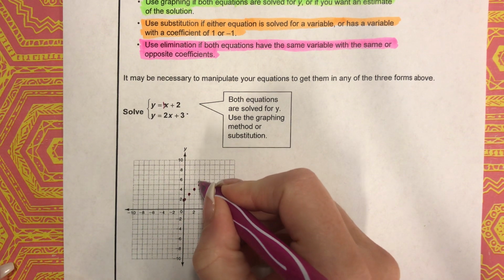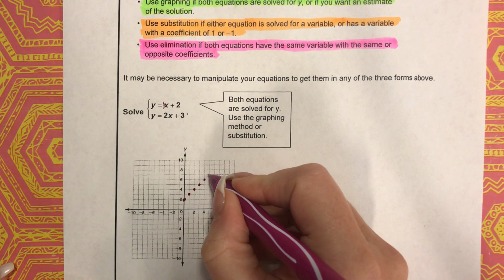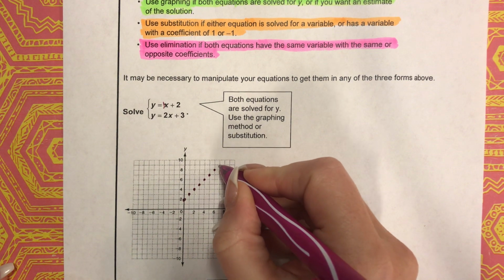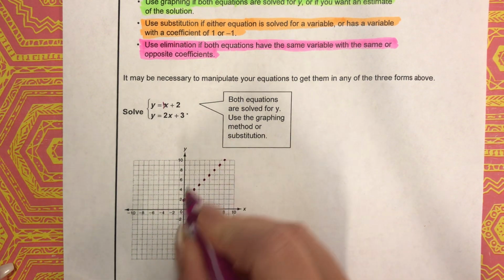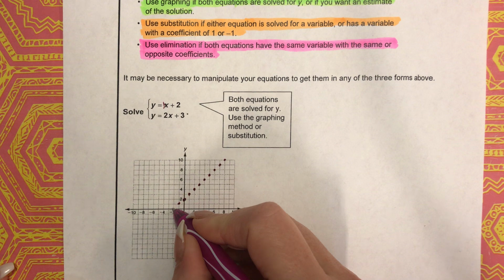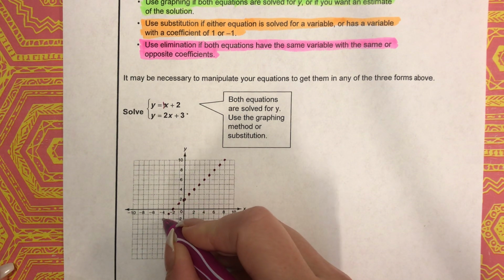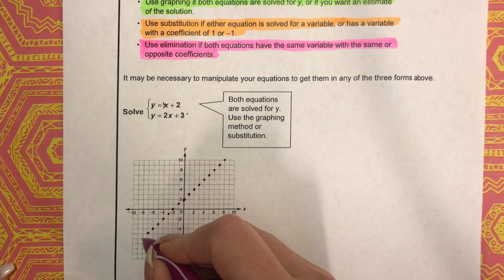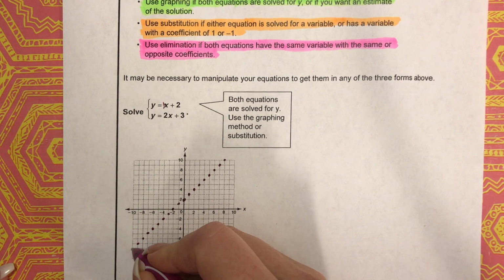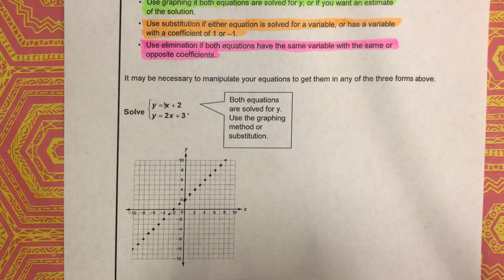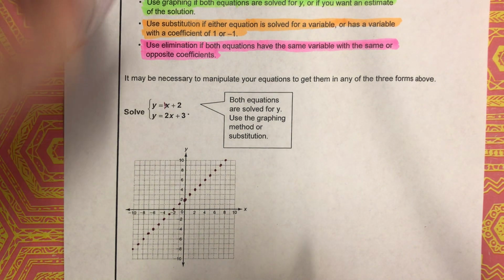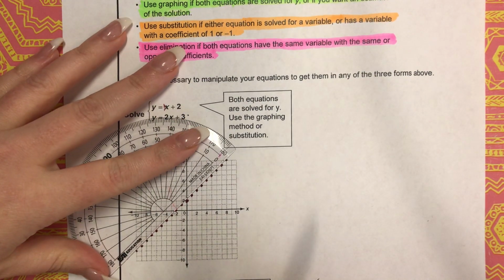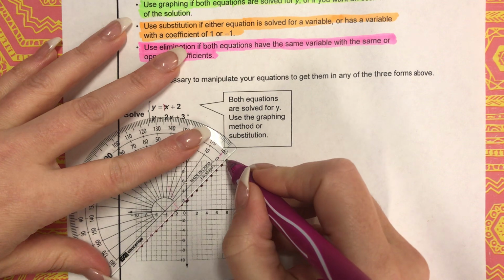And a lot of times I like to make these points because, on the graphing, when it was talking about whether it's an estimate or the actual answer, when I have these points and 2 points line up with 2 other points, then I know it's not an estimate.